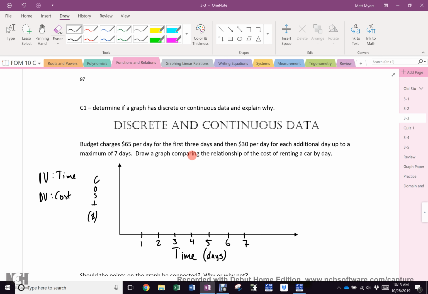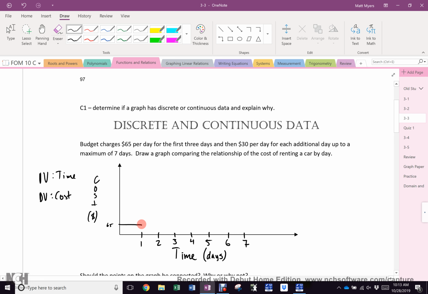So I pay $65, and when will they insist I bring the car back? 10:13 tomorrow, right? 24 hours. If I bring it back at 10:16 tomorrow, am I into the second day? So do I pay? Technically, do I pay? Would they make me pay? Most likely not. But we got to go with our data, yes? So if I walk in there for this whole first day, I am paying $65. Agreed?